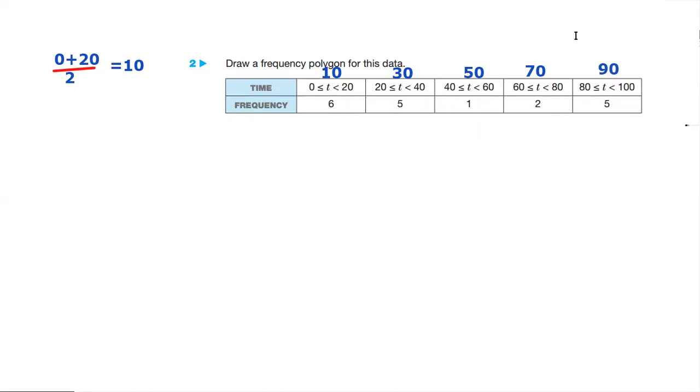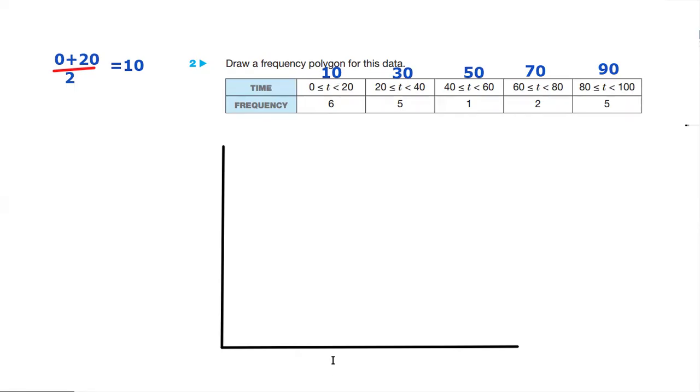So now, after finding the midpoints of each one of them, we have coordinates to use. We can plot these coordinates on the graph or the grid. Now, first, let's draw the grid. As you notice, the grid is on the positive side. That's the grid here. For this, the time should be down here on the horizontal axis.